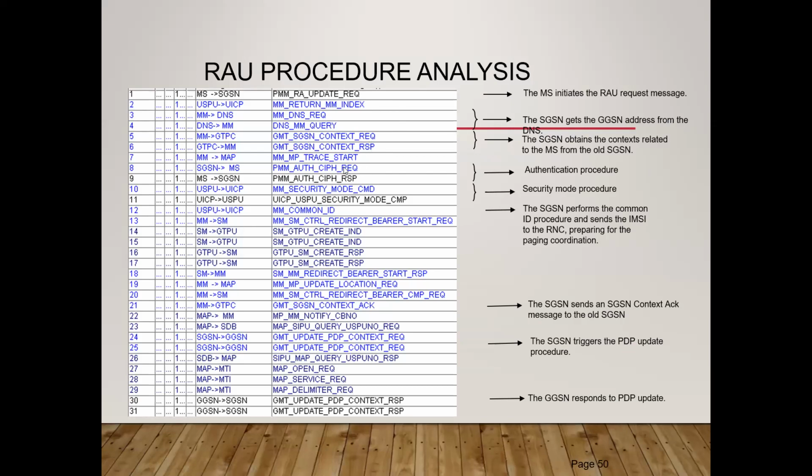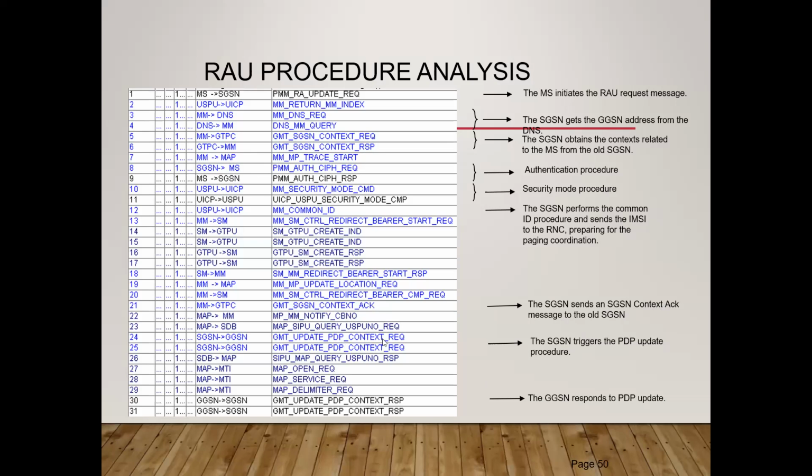Then the authentication procedure to be done with the MS, SGSN to MS and its response, then security mode command, security mode complete, common ID. This we have already covered. Then you send a context acknowledge message to the old SGSN. So this is the context request, context response, and this is the context acknowledgement.